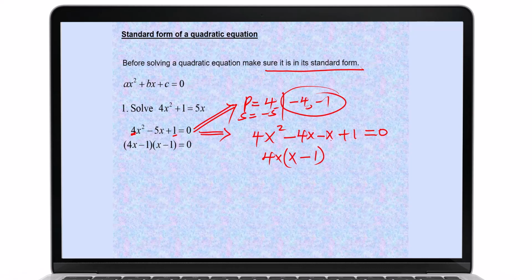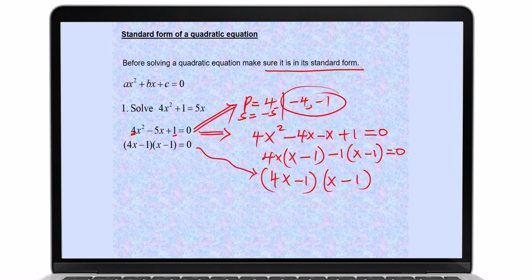Then minus x plus 1. What is common there? Minus 1 is common. So this would be x minus 1, like that, is equal to 0. So when you factorize this, you get 4x minus 1, and x minus 1. So just showing you how you arrive at this.